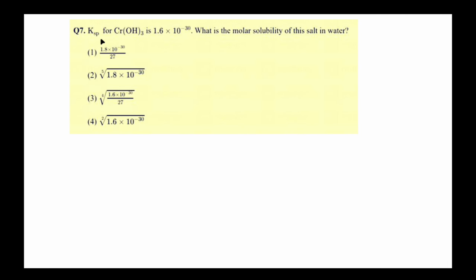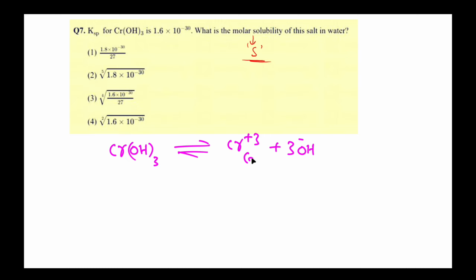So the next question is KSP for chromium hydroxide, that is 1.6 into 10 power minus 30. What is the molar solubility of this salt in water? The molar solubility, yes, they are asking. So we know very well chromium hydroxide, it will be dissociated into Cr plus 3 plus 3OH minus in aqueous solution.